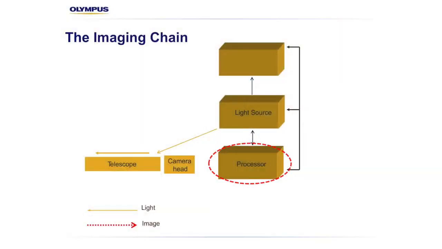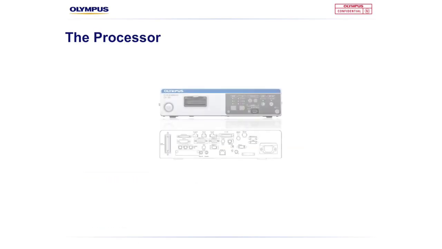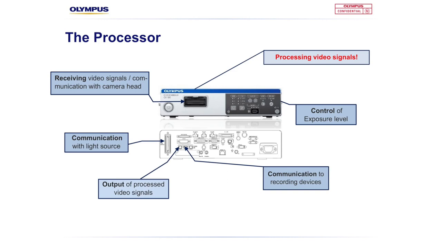The processor unit has electronics and software especially designed to understand the digital signal which it receives from the scope and camera head. The processor acts as the brains of the imaging chain, our central control unit. The processor allows us to make any necessary adjustments of the image, such as image storage, enhancement, or colour adjustment.